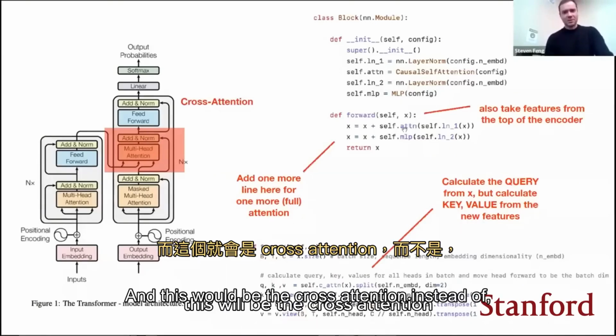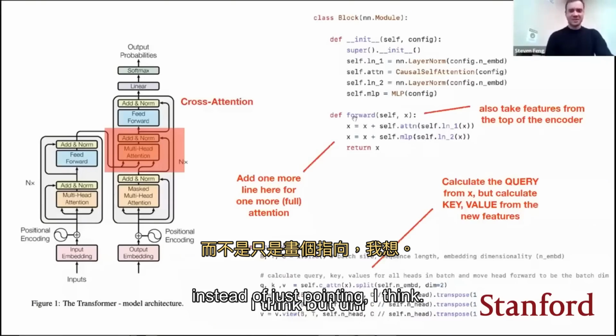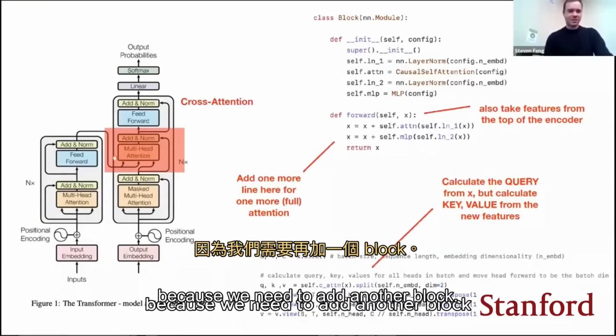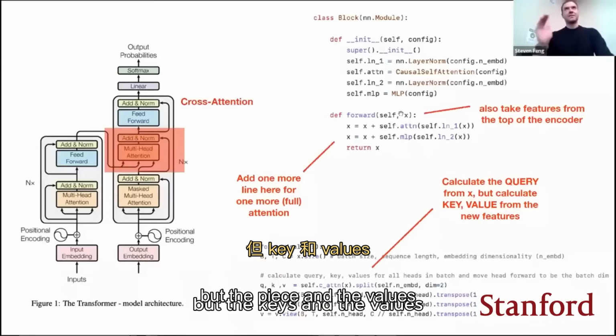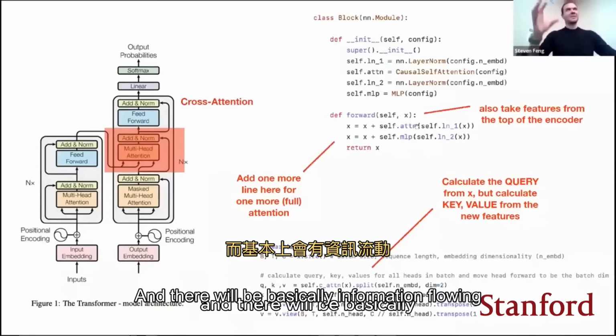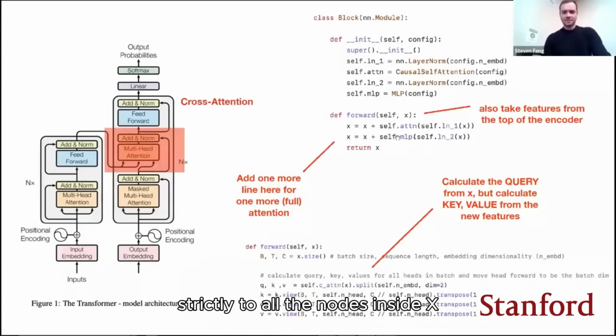I should have implemented it instead of just pointing, I think. But there'll be a cross-attention line here, so we'll have 3 lines because we need to add another block. And the queries will come from x, but the keys and the values will come from the top of the encoder. And there will be basically information flowing from the encoder strictly to all the nodes inside x.